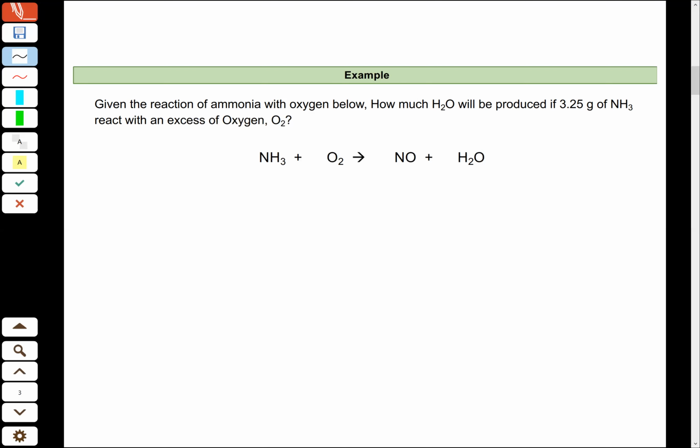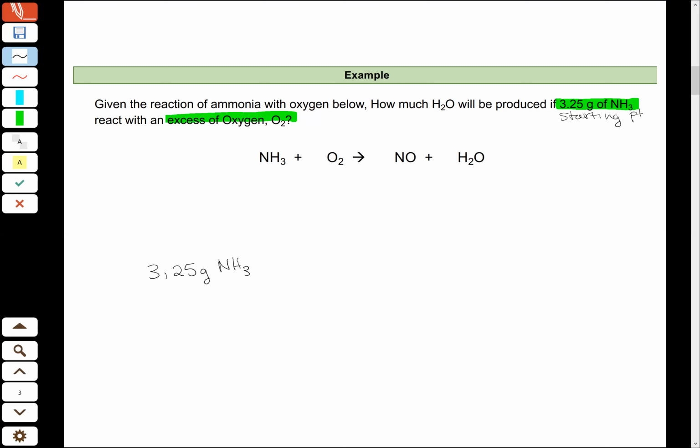And we know that we're going to start out with 3.25 grams of ammonia. So the important piece of information here is that 3.25 grams of ammonia. We're told that we have an excess of oxygen, which means we have as much as we want. So our starting point is this 3.25 grams. So I'm going to write that down here.